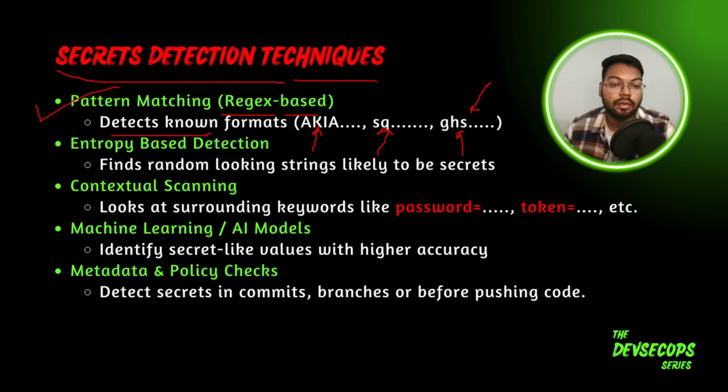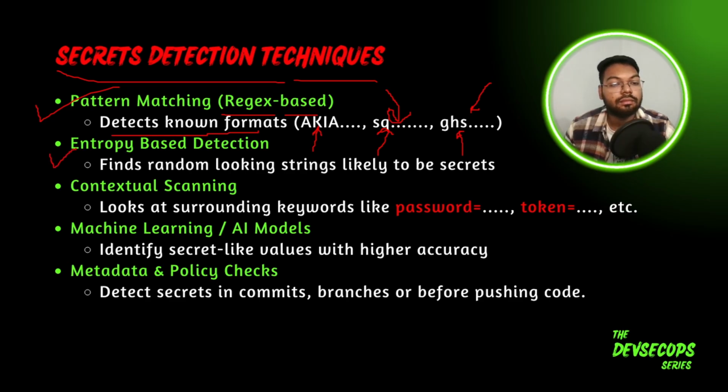Then you can enter a regular expression in your policies that could check for certain patterns and flag it whenever they find it in any line of your pages or your code base. It would show you, okay, on this particular page I found something starting with this pattern, and I think it is probably a secret that you should mask. That's how a pattern matching secret detection technique works.